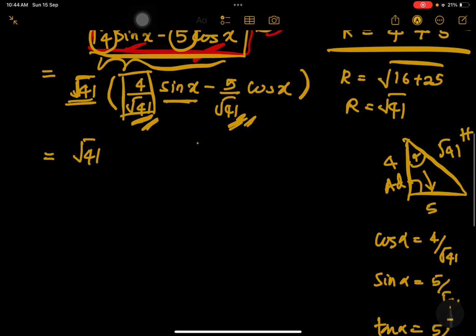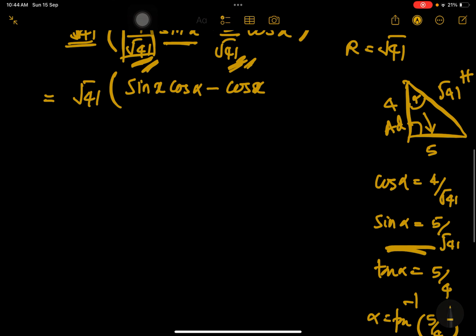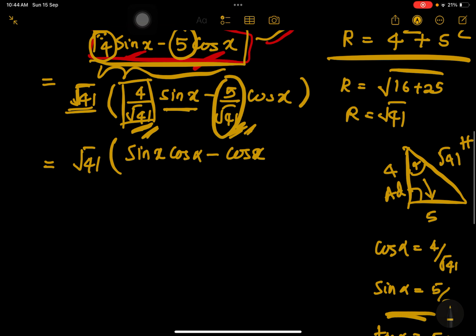So you can write this as sin x cos alpha minus cos x sin alpha, since 5 over root of 41 is sin alpha.